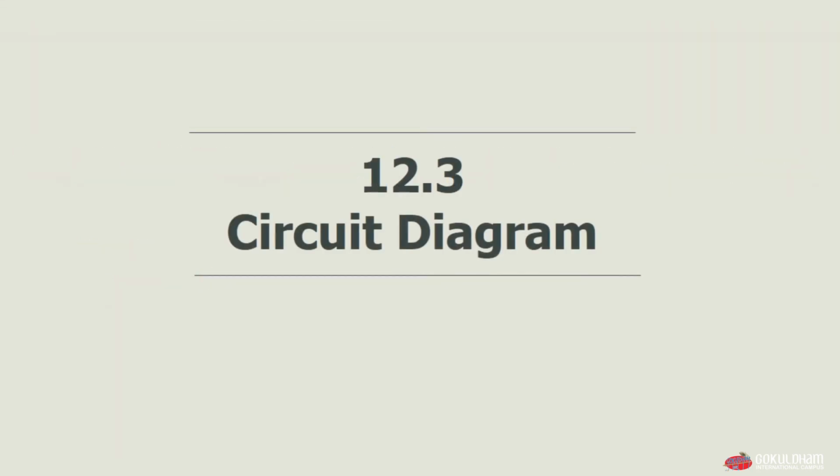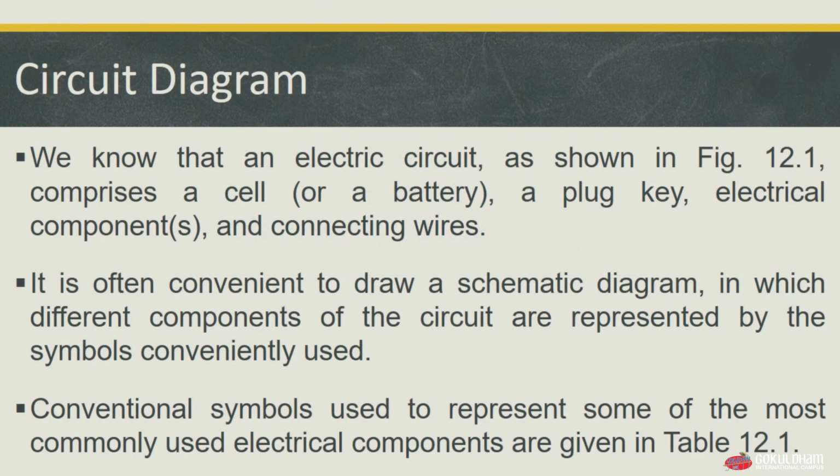Now we will move to our next topic, which is the circuit diagram. We know that an electric circuit, which was shown in figure 12.1, comprises a cell or a battery, a plug key, some electric components and the connecting wires. It is often convenient to draw a schematic diagram in which different components of the circuit are represented by symbols.